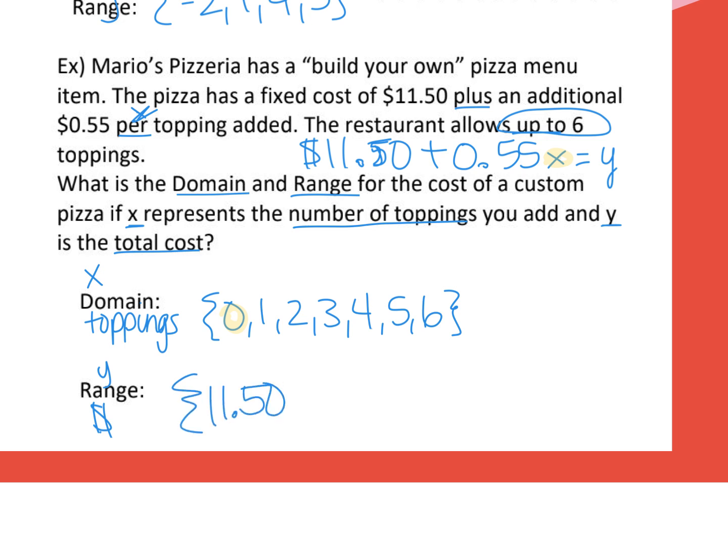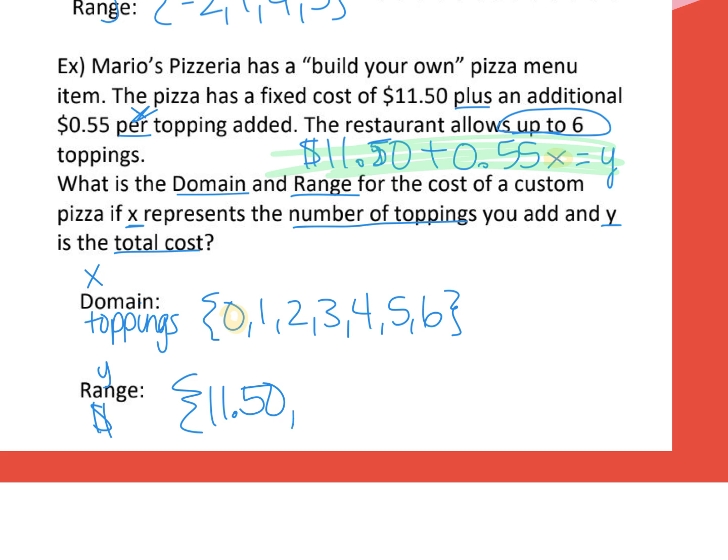You could also do this on a graph. So I'm going to change to my Desmos. My Desmos doesn't record on here, which is where I was going to go, but you can put this equation into your yellow calculator, and then you could look at the table like you did in 8th grade.